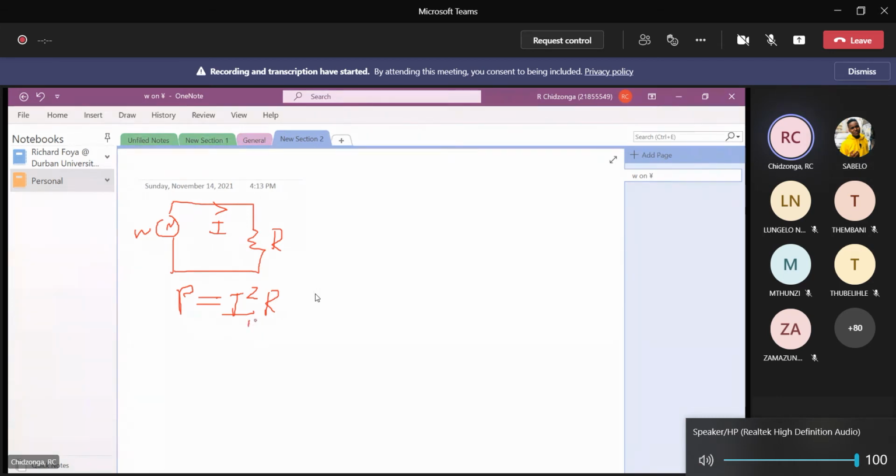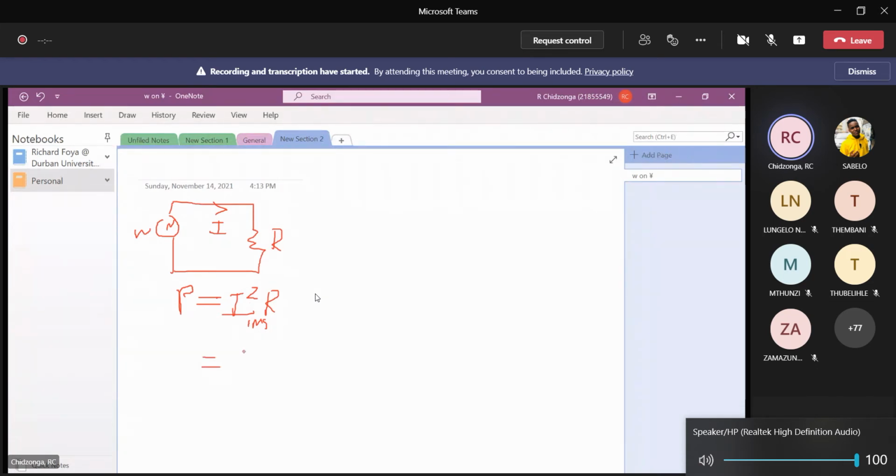This current is the RMS value. We know this from, I don't know, maybe from matric and so forth. If you have an AC source supplying a resistance value R, the power that is developed is IRMS squared times the resistance.